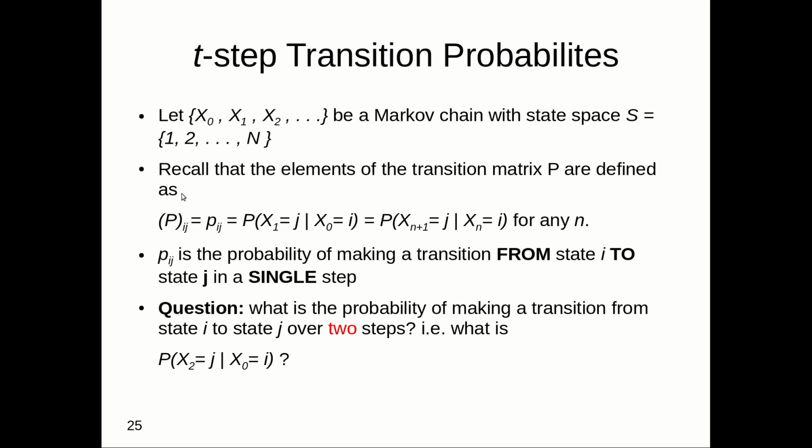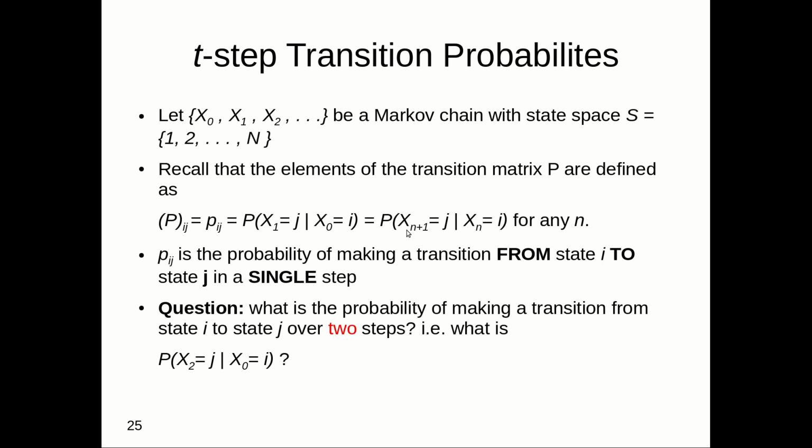And just recall that the elements of the transition matrix P are defined as P_ij, the conditional probability of being in state j at time 1, given that we were in state i at time 0.